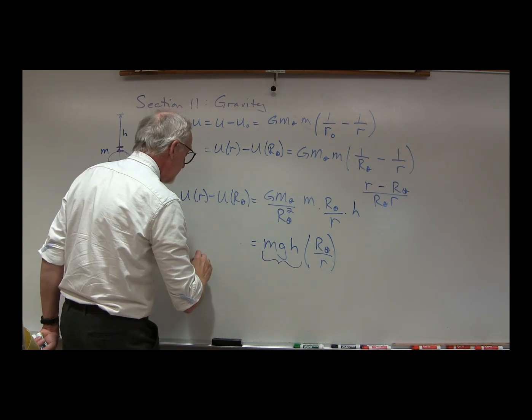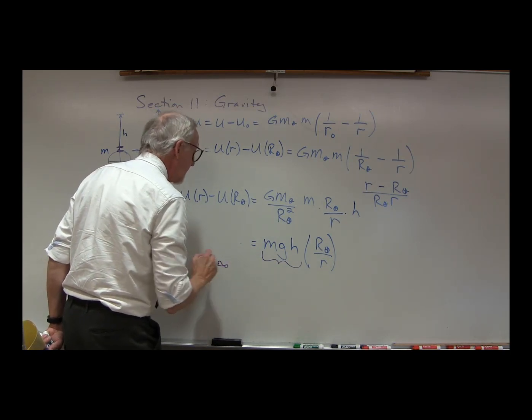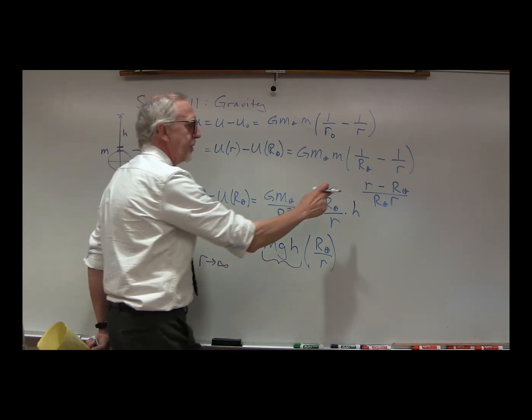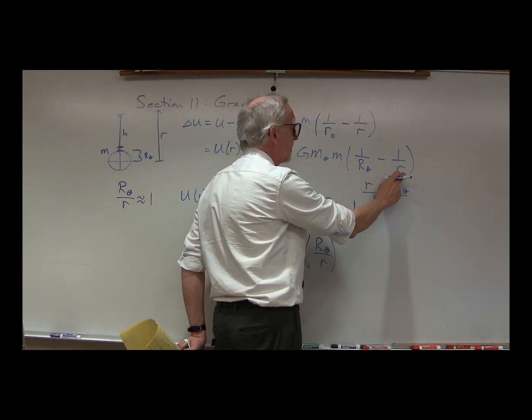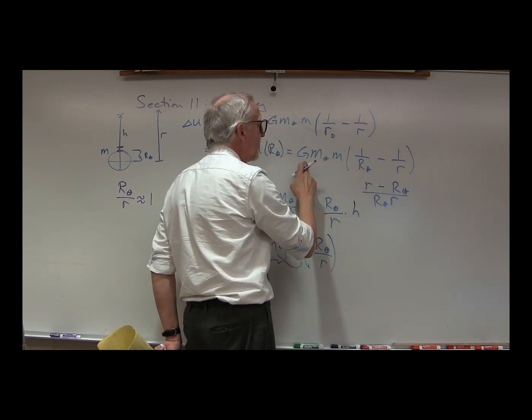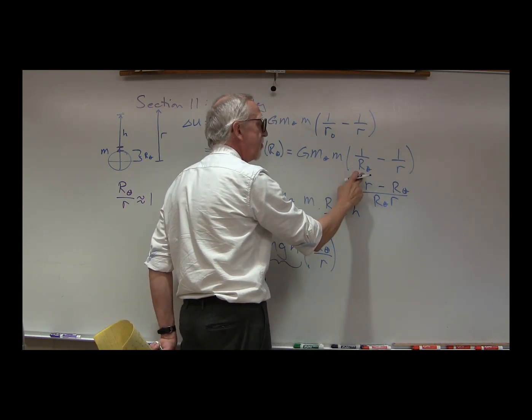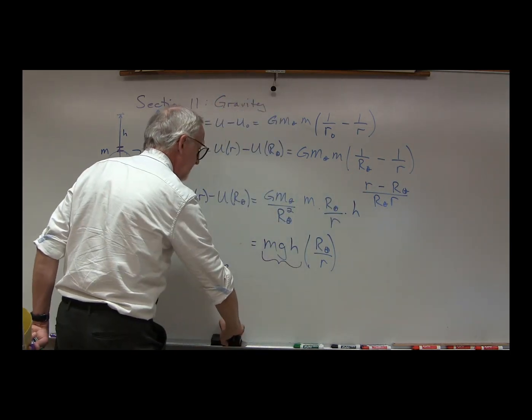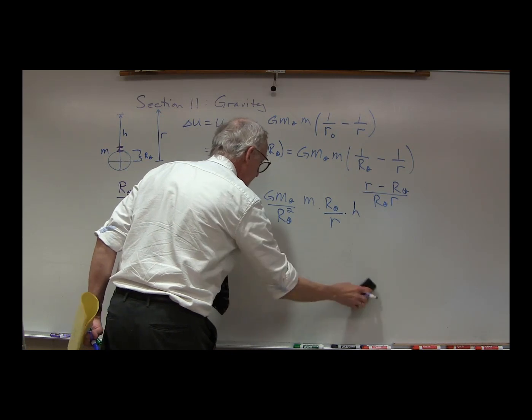As our final distance r starts getting very, very large, let's say towards infinity, what happens? Well, this becomes negligible, but this one stays constant. So we end up with G mass Earth over radius of the Earth times m. Let's erase this and let me write that down.